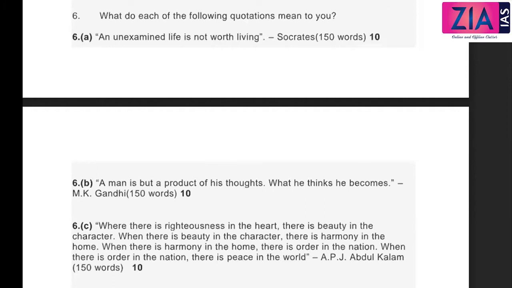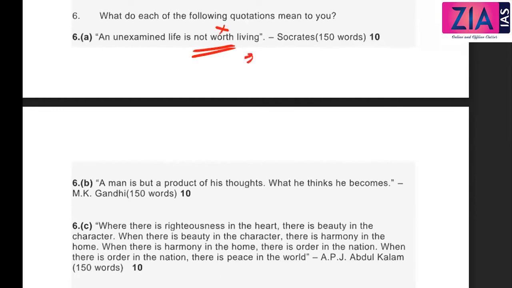What are your strengths? What are your weaknesses? What are the good virtues? What are the vices? You are not able to understand if you're not looking back, and if you're not examining what is actually happening. So that leads to what? That leads to a worthless life, not only for you, but for others, your family, for the society. So it's not worth living.